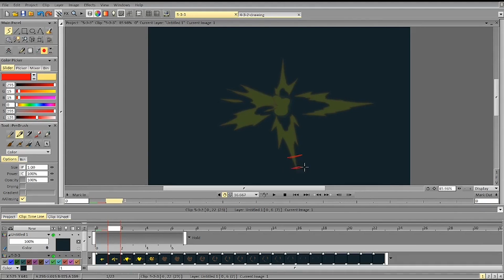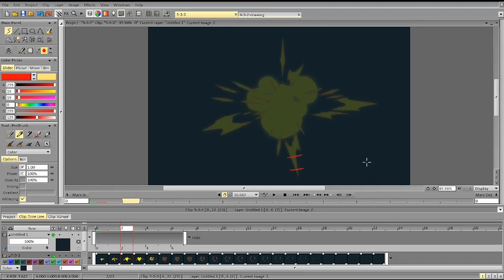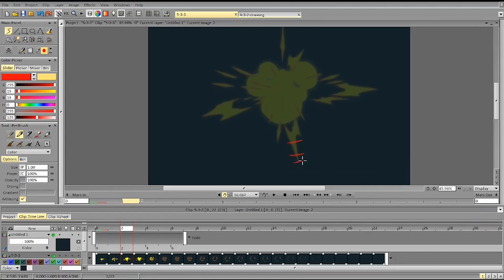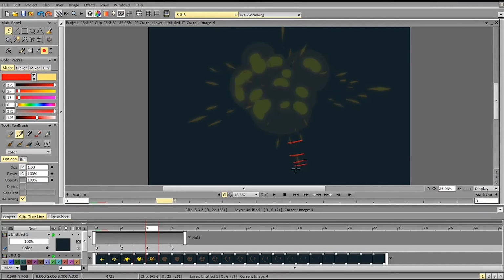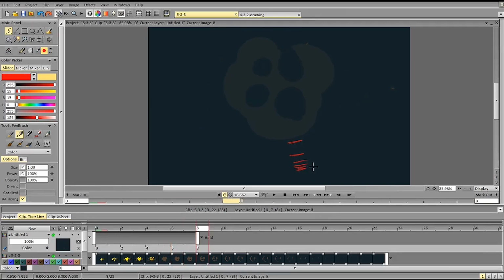Here it barely moves, slows down, and you keep it for quite a lot of time. And you can exaggerate the spacing even more.